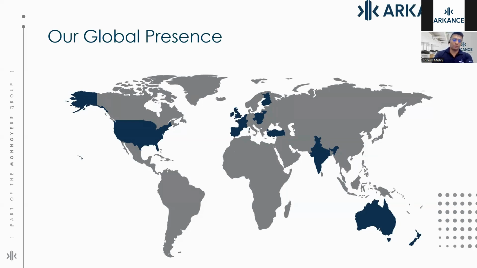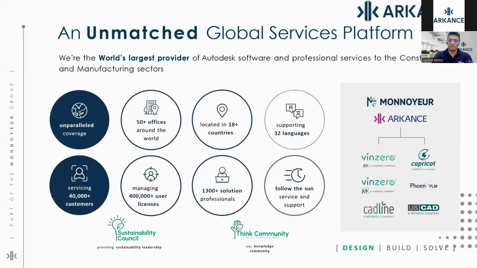This is our journey. We were earlier in a different name. It was known as Capricorn, and then it was taken over by a French company known as Mania, under which we have formed the company Archons.